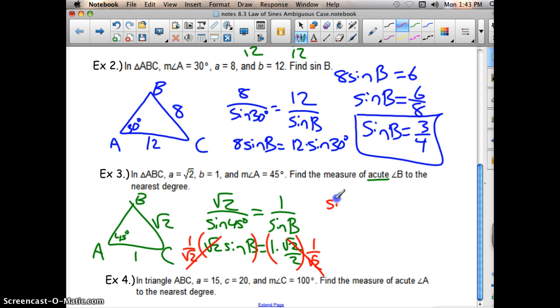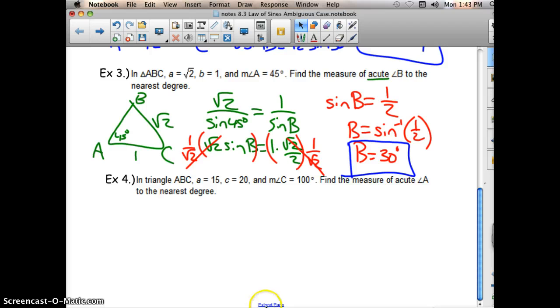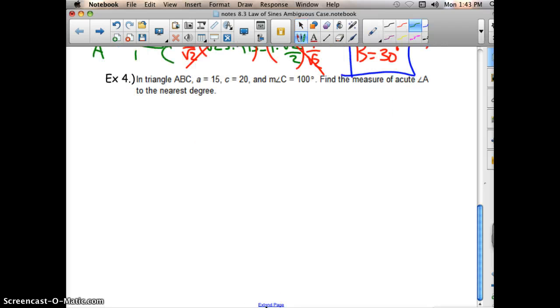So I have sine of B equals 1/2 after all that stuff cancels. Now it wants me to find B, so B equals the arcsine of 1/2. And the arcsine of 1/2 is 30 degrees. Okay, and that is an acute angle, right? It's that find acute angle of B. Right, that one was pretty easy because it was a special angle, and I recognized sine of 30 is 1/2.